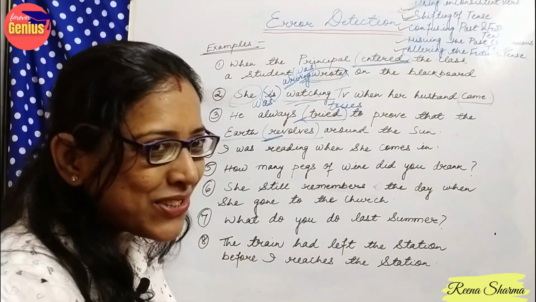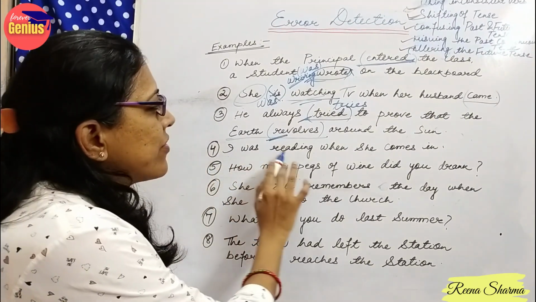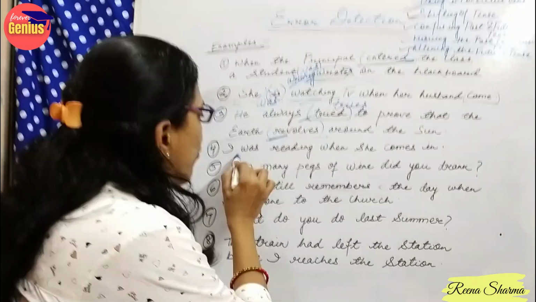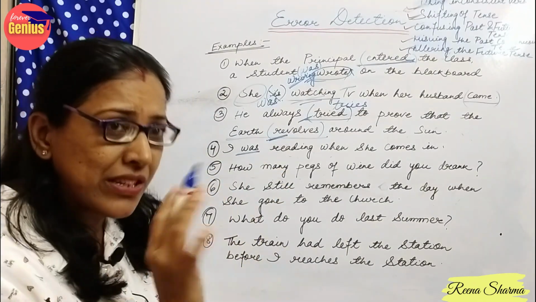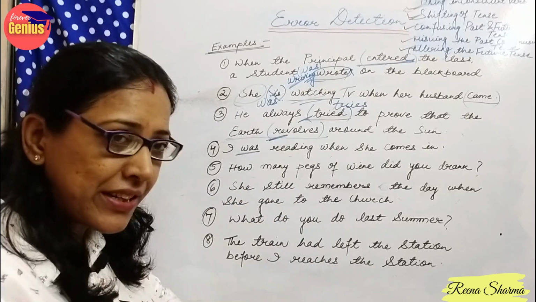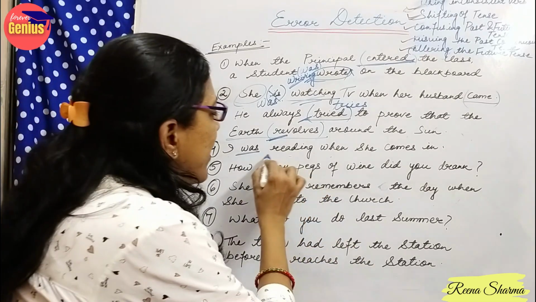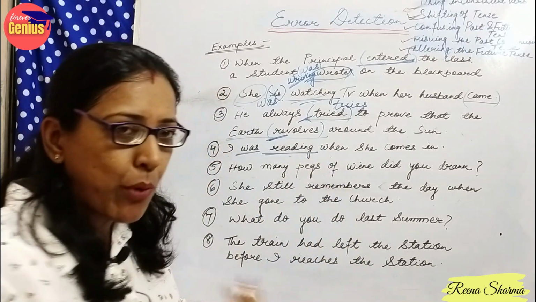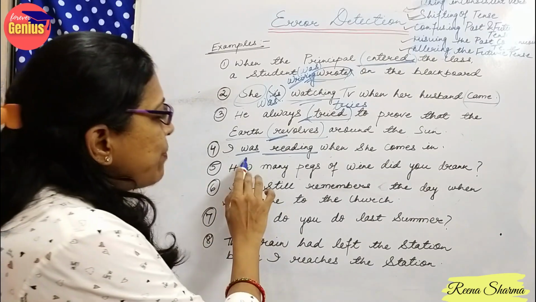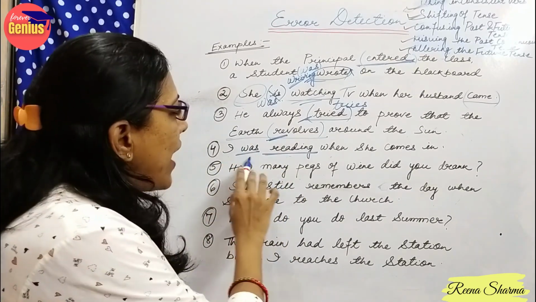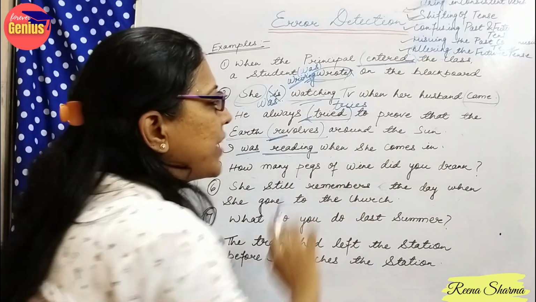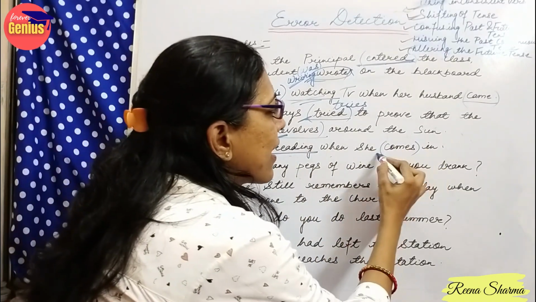Isn't it interesting, students? See, I was reading when she comes in. Was means an act which I was doing. I was continuing the activity. It was not finished. It is supposed to take some time. So it is past continuous form. So, I was reading when she comes in. But think, comes.